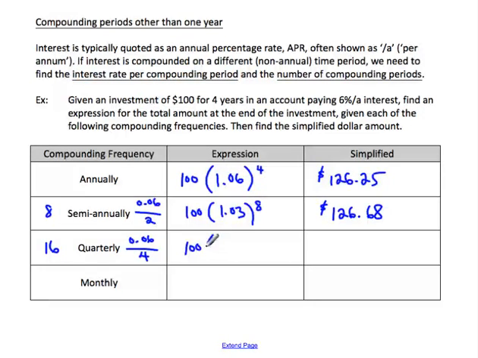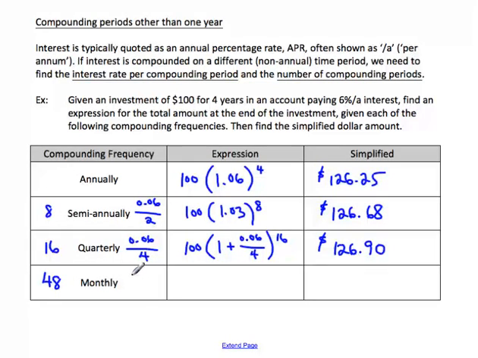You can either work that out or put it all into your calculator like this. 1 plus 0.06 divided by 4. That's what we did here. 1 plus 0.06 divided by 2, and then the 16 goes up here in the exponent. If you work that out on your calculator, you get $126.90.